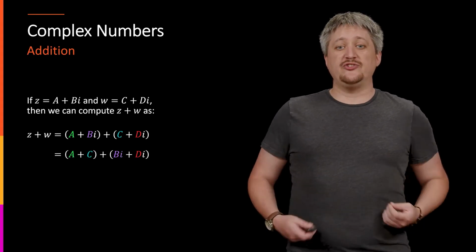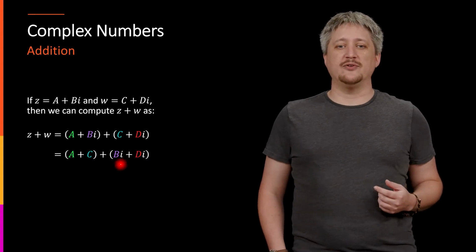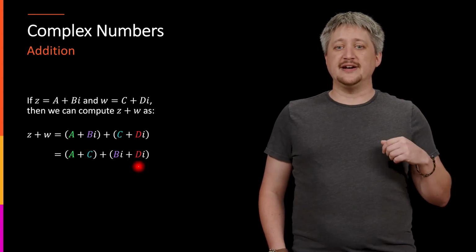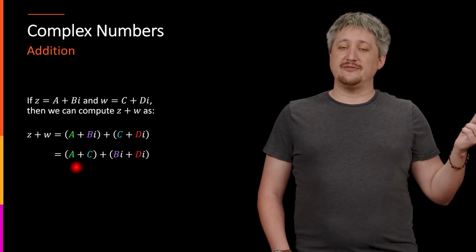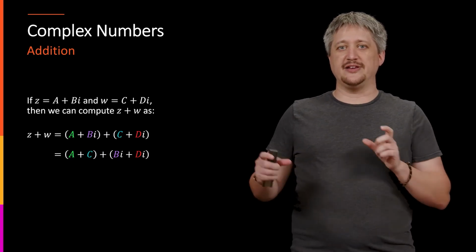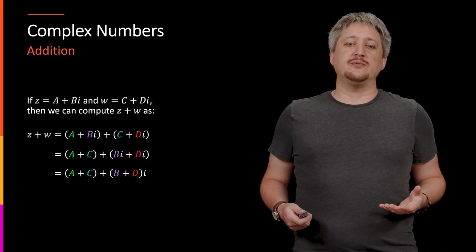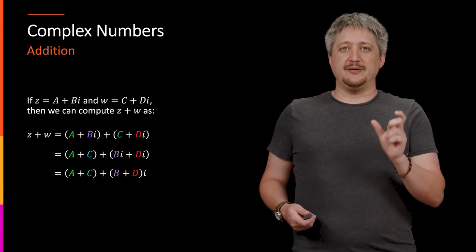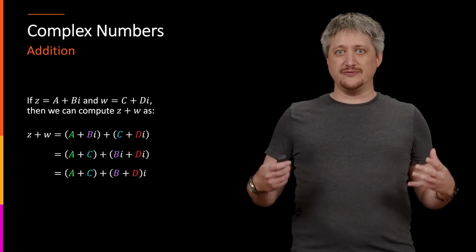Then we rearrange them so we put the imaginary stuff together, the bi from the z and the di from the w, and the a and c, the real parts, together. Then we can factor out that i so that we end up with real part plus imaginary part times i. This is the general form.